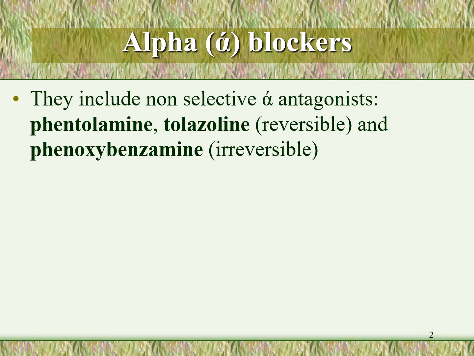Non-selective alpha blockers also include phenoxybenzamine, which differs from the previous two in that phenoxybenzamine is irreversible because it binds with a covalent bond to alpha receptors, so it cannot be removed easily.